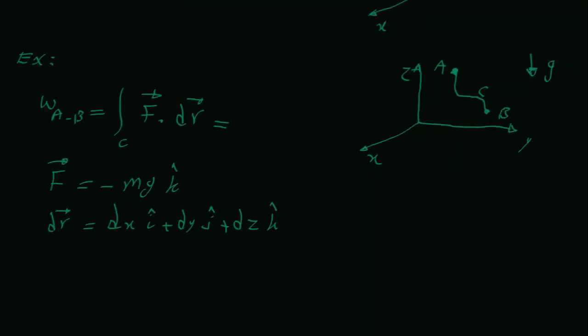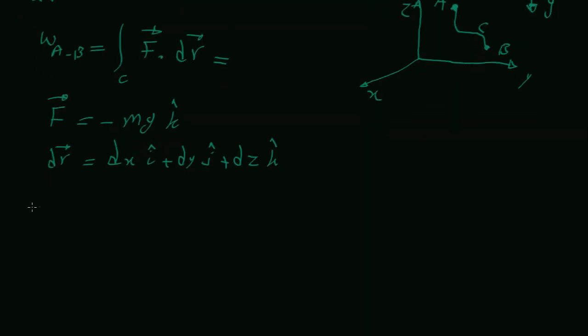So let's just calculate that dot product here. W is equal to the integral along C of F, which is minus mg in the k direction. That's the first vector, the force.